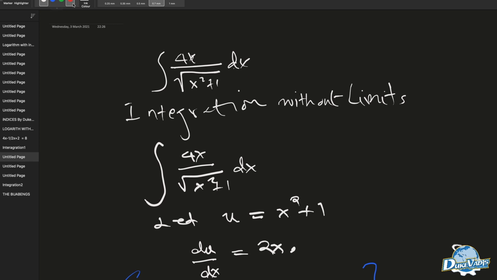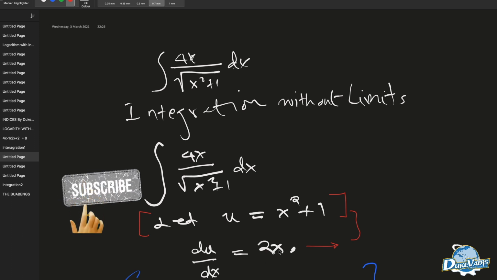So our first idea was to let u equal x squared plus 1. Then we differentiated this, and when we differentiate, du/dx will be 2x.